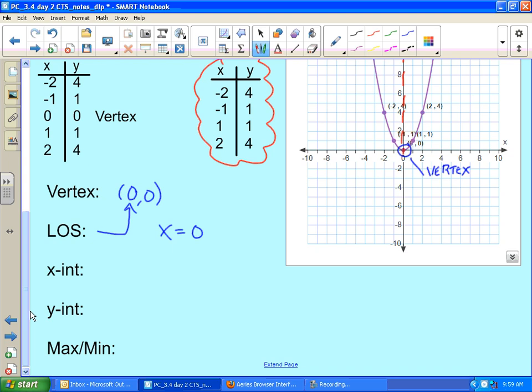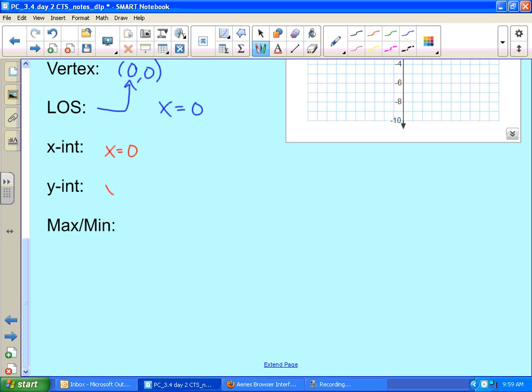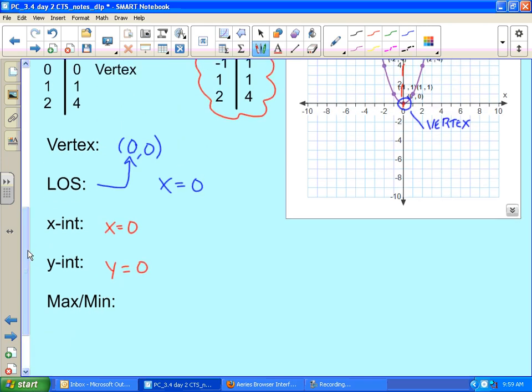All right, x-intercepts, this one only has 1. It's the same thing as the vertex. But that's not always the case. And also, unique here, the y-intercept is the same thing. So we got a vertex, a y-intercept, and x-intercept all being the same thing. That will only happen with a parent function that has been stretched but not moved.